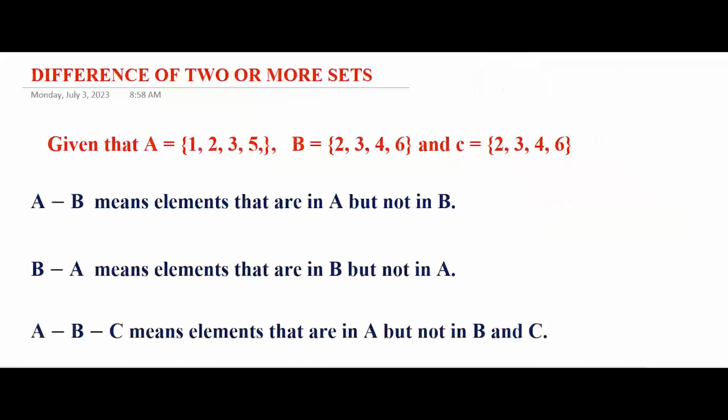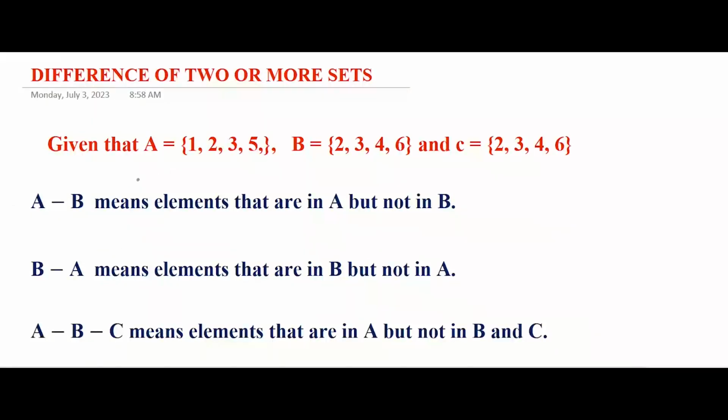Okay, let's go to another one, that is difference of 2 or more sets. It's just like you are taking away, like your minus sign here. So if you are given 2 or more sets and you have to find A difference B, or B difference A, or A difference B difference C, it's very simple.